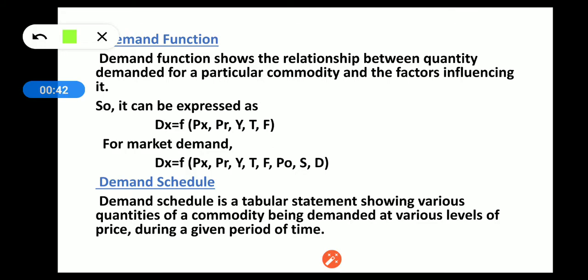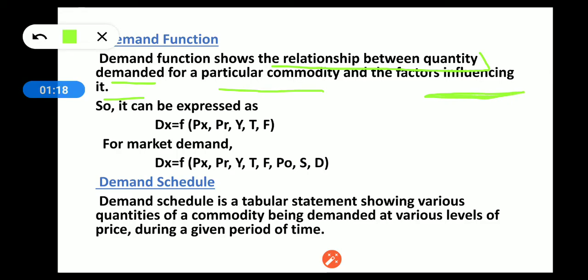Now, when we come to the definition of demand function, the demand function shows the relationship between quantity demanded for a particular commodity and the factors influencing it. What does it mean? Demand function means demand is dependent on what? What is the functional dependency of demand? That is what it means. It shows the relationship between quantity demanded for a particular commodity and the factors influencing it.